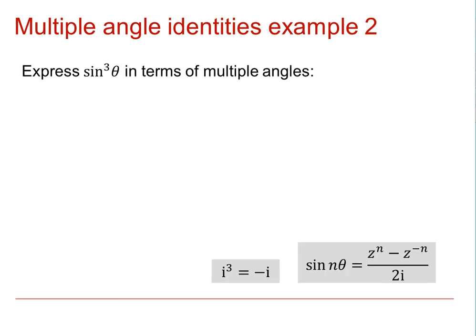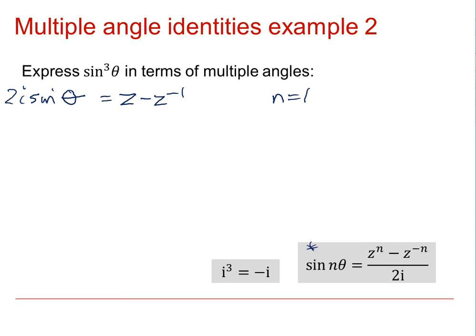So let us express sine cubed theta in terms of multiple angles. I'm going to use sine theta times 2i equals z to the 1 minus z to the minus 1, and here n equals 1 in this formula.